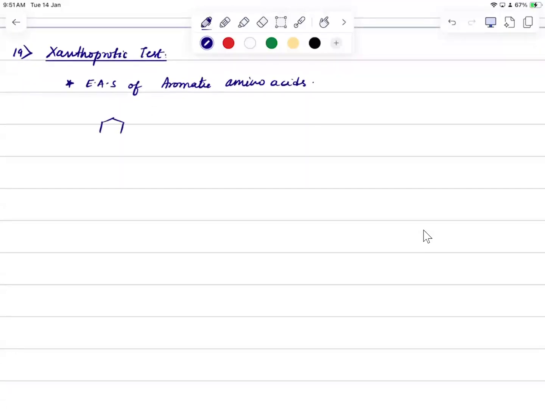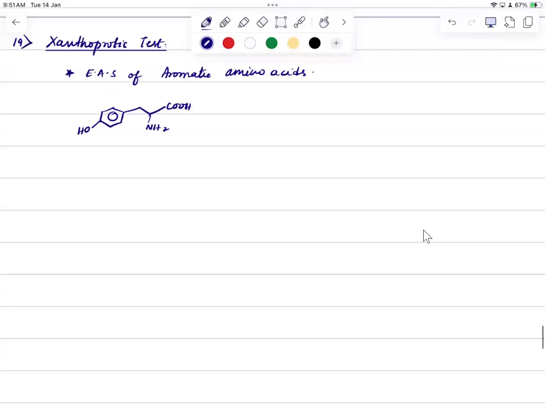So if you notice this one here, here we have COOH and NH2, correct? With an OH group. If there is a phenol present on this, this is called tyrosine. And then we have benzene connected to NH here, like this, with COOH and NH2.